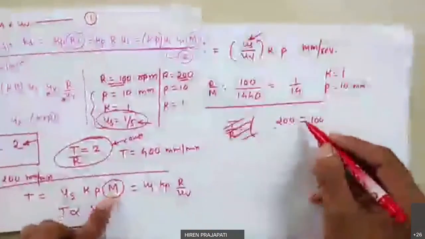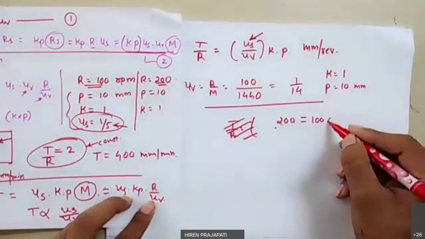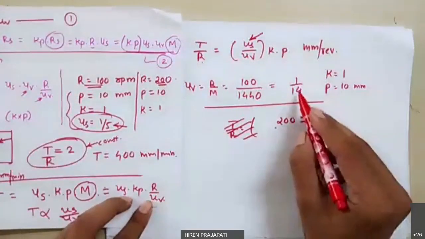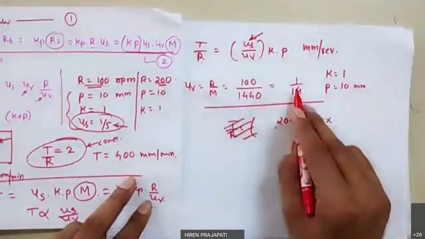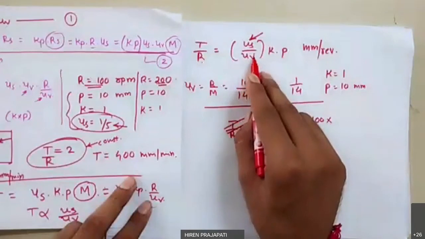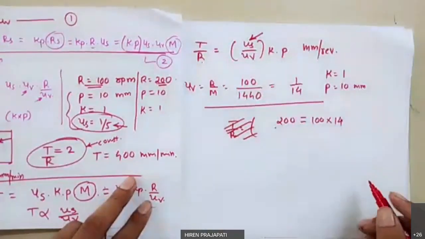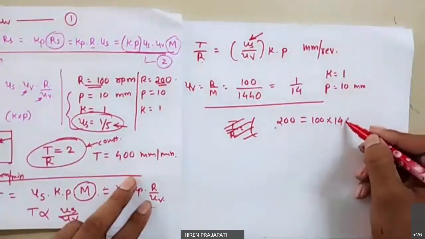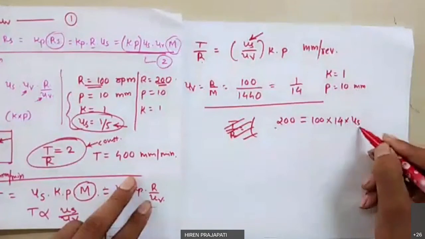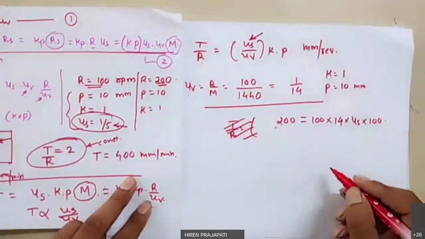So now 200 equals 100 into this UV. UV is 1 by 14, so that 14 goes up. So we get 14 here, and this multiplies with US, the transmission ratio of the feed box, into 100, right?